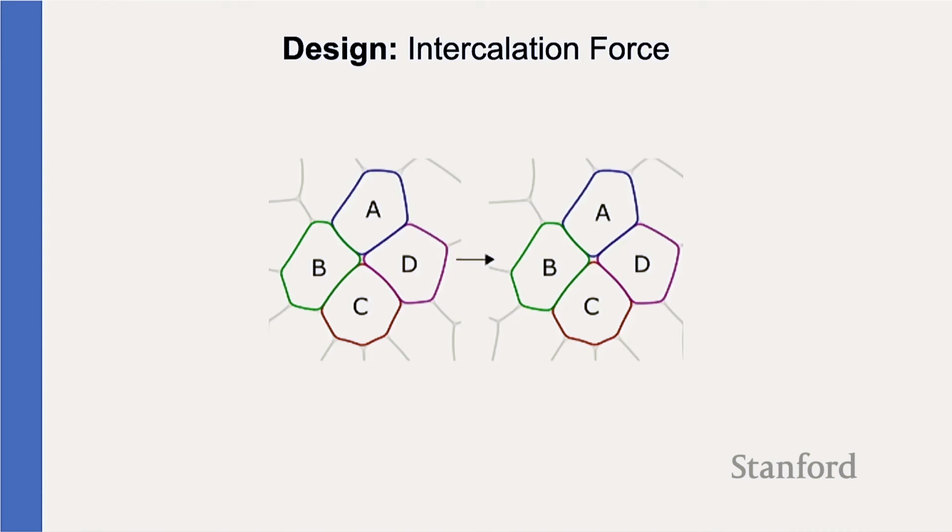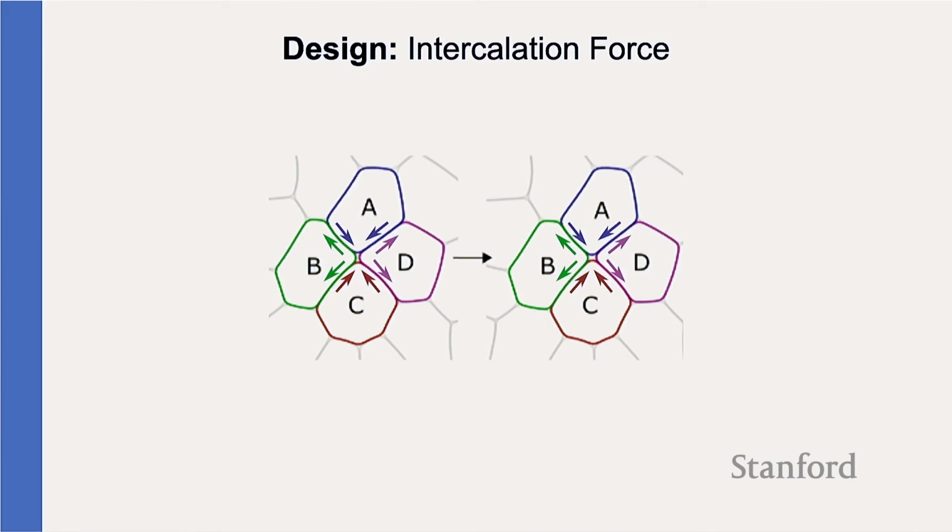So we looked at it again, and if you look really close right in here, A and C are coming together, B and D are coming apart. What are the forces or the flows that are happening at that junction? On C, for instance, you're seeing C coming in, whereas on D and B the membrane is going away, and the same with A. A is kind of coming in like this.